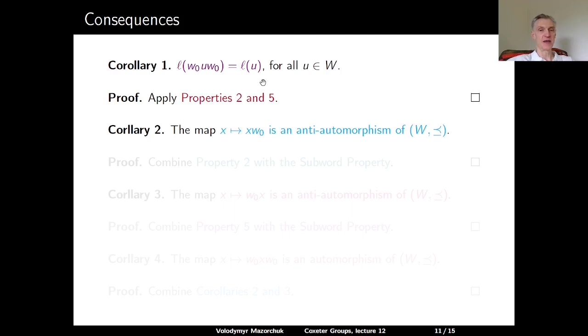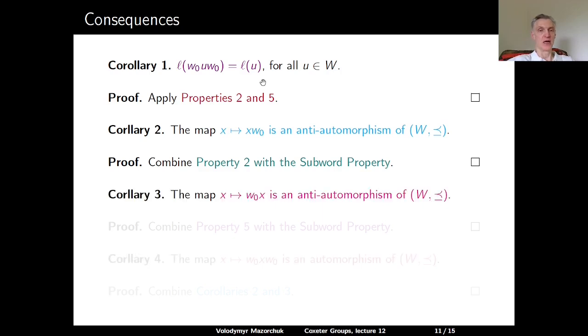Corollary 2. The map which sends x to xw0 is an anti-automorphism of the poset of W with respect to the Bruhat order. Here we just combine property 2 with the subword property. Corollary 3. On the other side, the map which sends x to w0x is an anti-automorphism of W with respect to the Bruhat order.